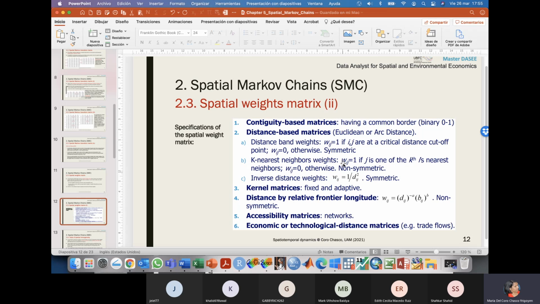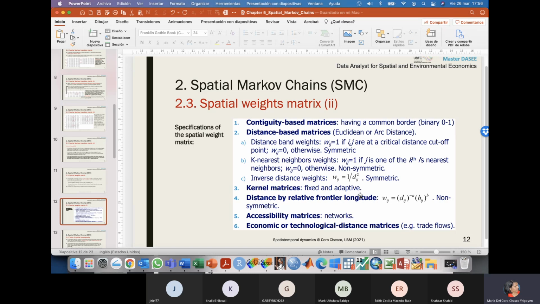Some people prefer, and it was our case, to combine the inverse distance weights with the distance band. Sometimes it doesn't matter, because if two units are very far from each other, this inverse distance will tend to 0, okay?